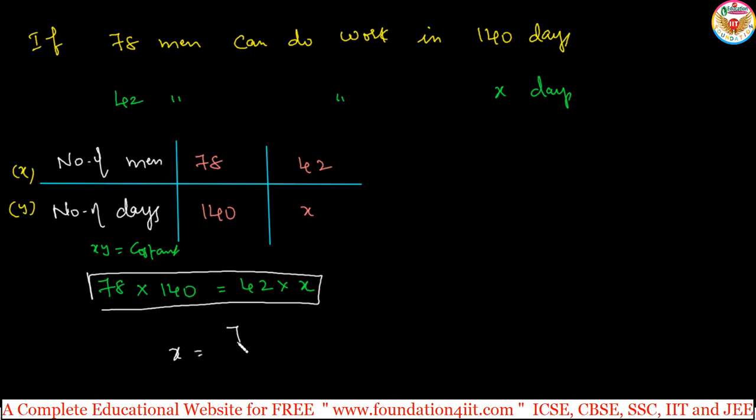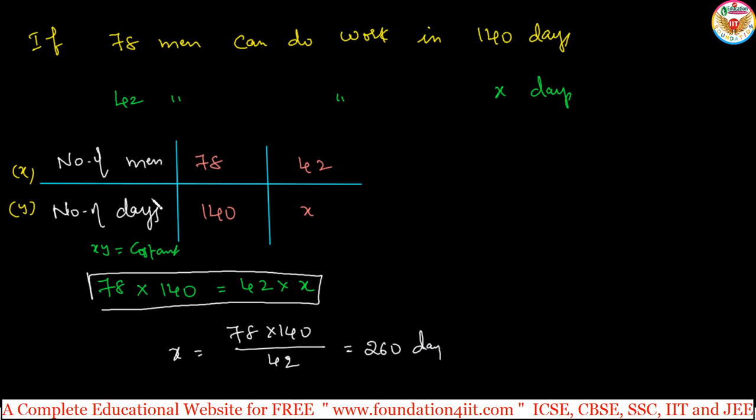Then x equals 78 into 140 by 42. 42 is multiplying, take it to this side and divide. Simplify, you'll get 260. That means 42 men can do the work in 260 days. This is the number of days.